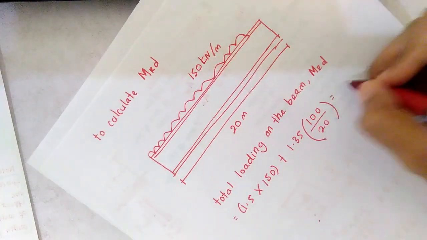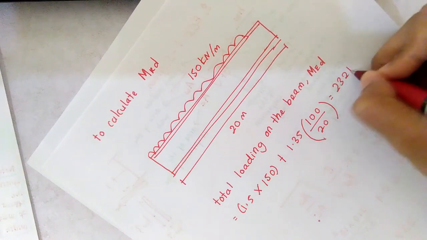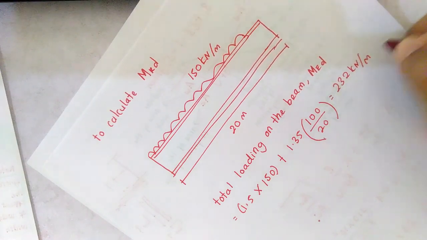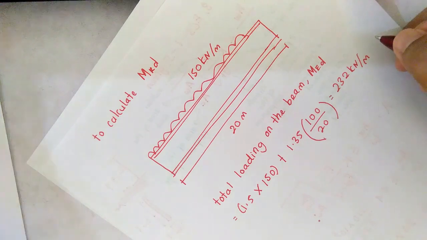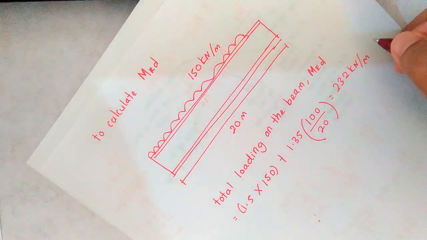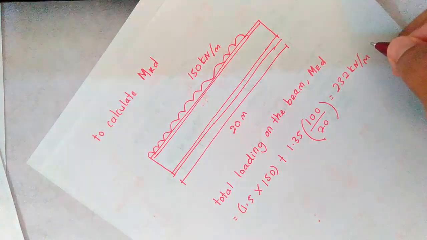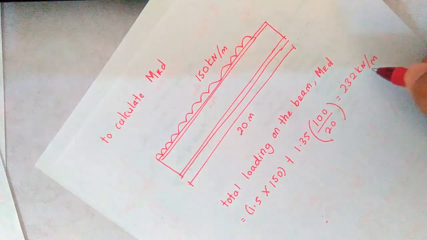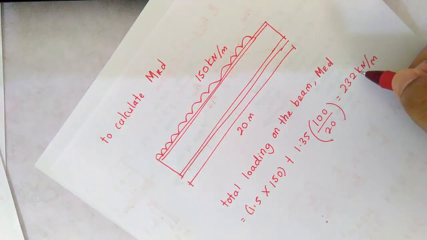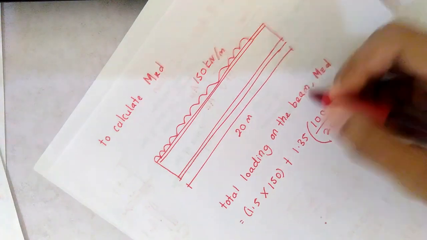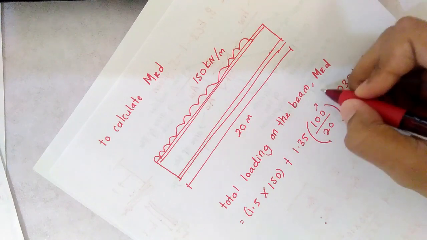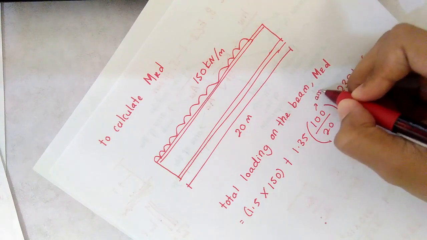Then you will get 232 kilonewton per meter. 100 is the assumption of your self weight.